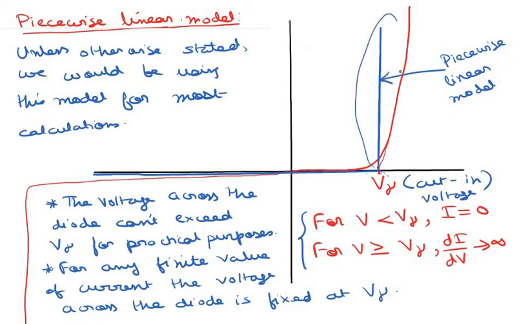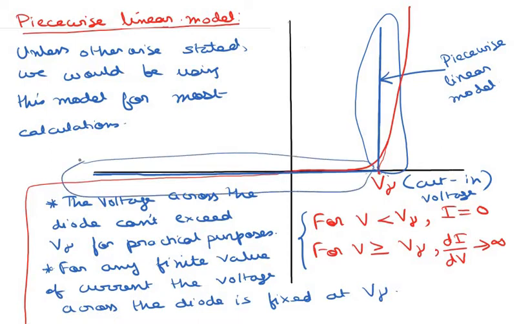One is this piece where dI/dV is infinity, and the second one is this piece where the current is 0. So that is why this model is known as the piecewise linear model.